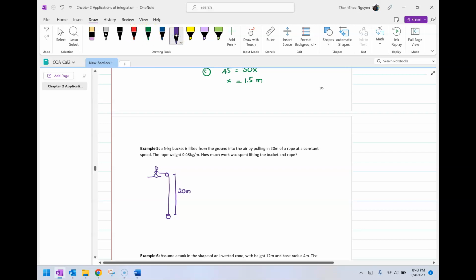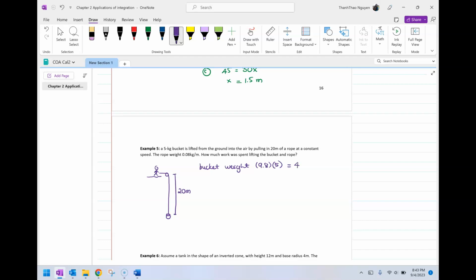The weight of the bucket is obtained by multiplying the mass and the acceleration due to gravity, approximately 9.8 meters per second squared. So the weight of the bucket is 9.8 times 5 kilograms, and that is 49 Newtons.